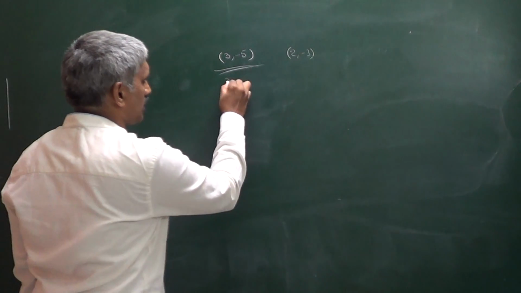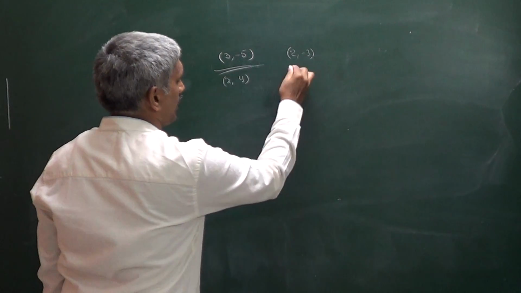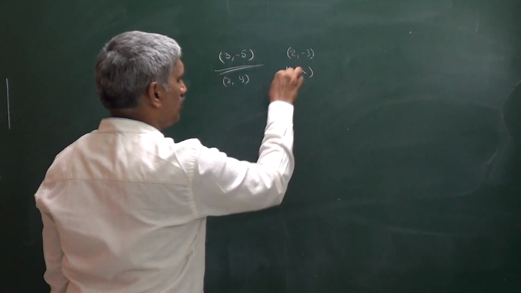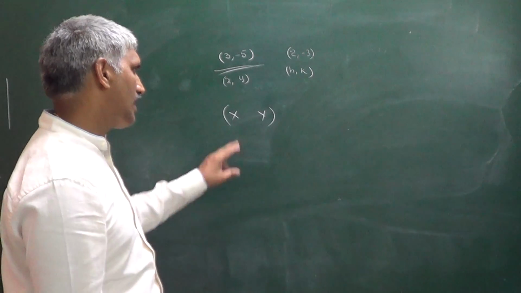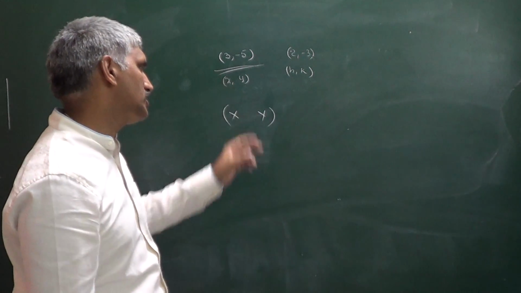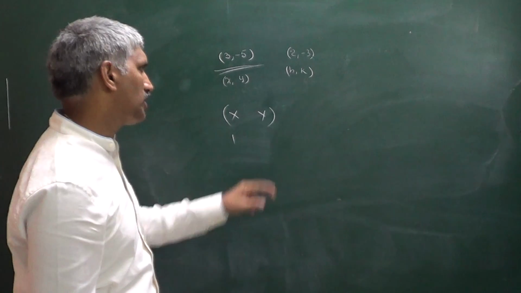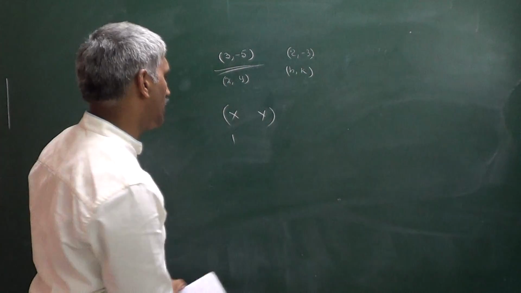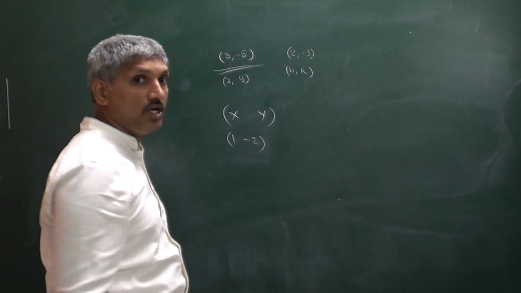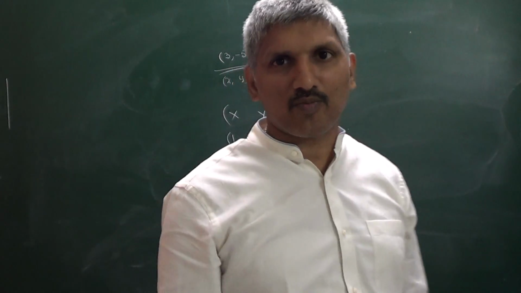Small x comma small y is given, h comma k is given. Now you can find out capital X and capital Y, because capital X is equal to x minus h, so you will get 1. Capital Y is equal to y minus k, you will get minus 2. These are the new coordinates of that particular point.